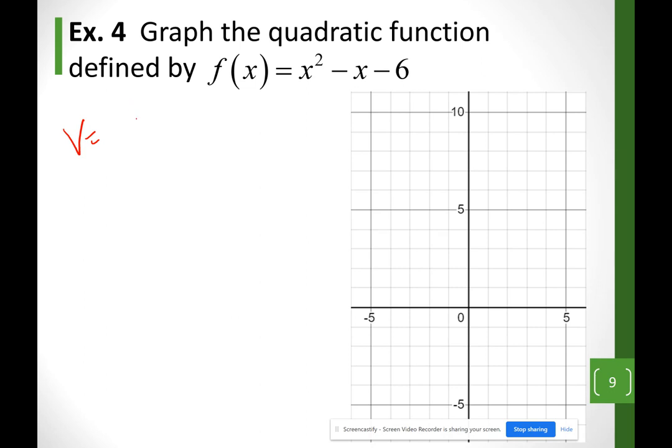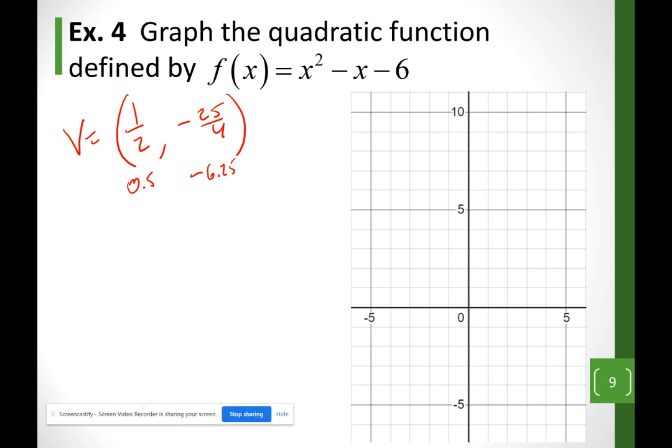Roughly, 1/2 in decimals is about 0.5, and negative 25 over 4 is about negative 6.25. So that's somewhere about here. That's my vertex.